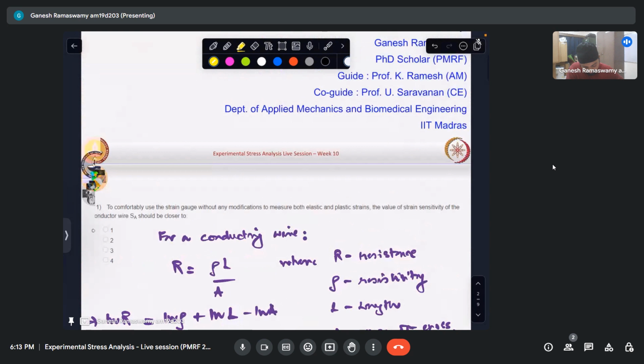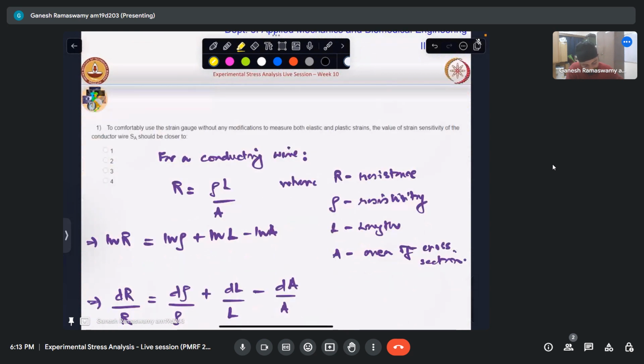So from this equation, it follows that to comfortably use the strain gauge without any modifications to measure both elastic and plastic strains, we need a suitable wire. If we did not accommodate this, then we would have to make suitable corrections. But for a conducting wire which has a strain sensitivity close to 2, it can easily transition from elastic to plastic strains without any issues.